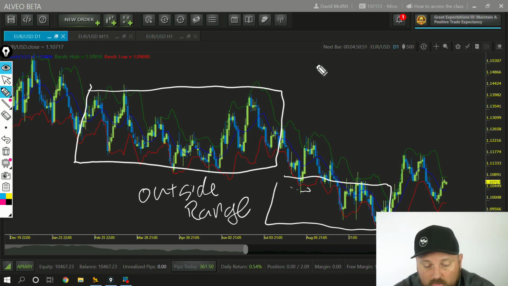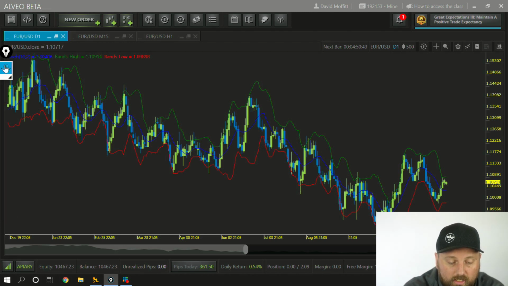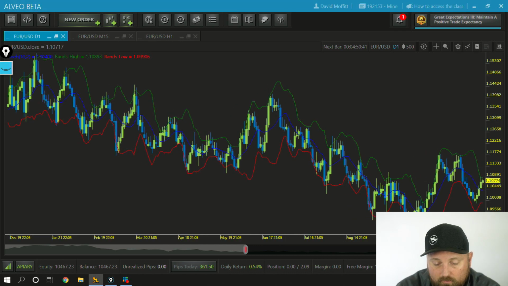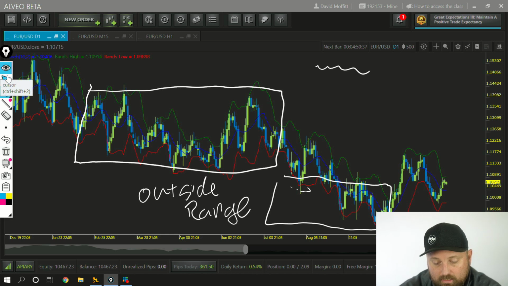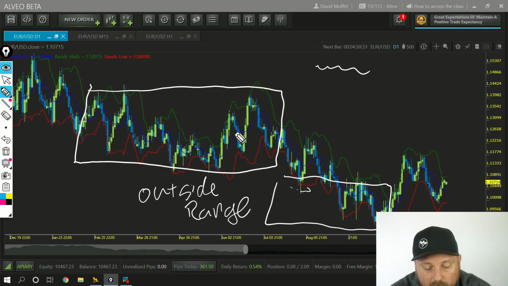If there was data above this, that would be outside our range too. If we're trading inside this period right here, then bands work. Anytime it breaks the range, bands are not going to work.